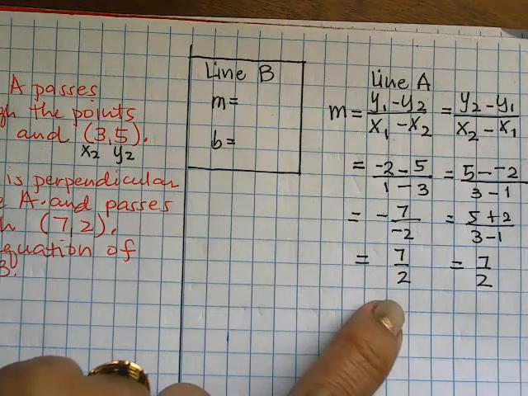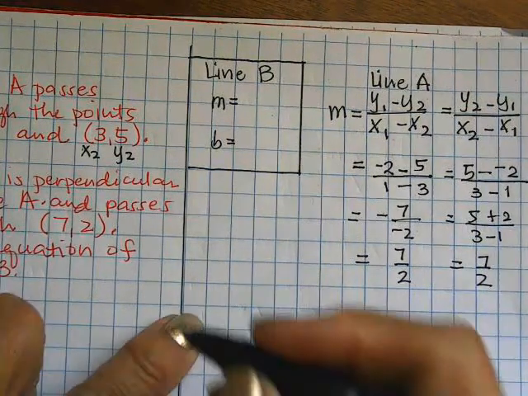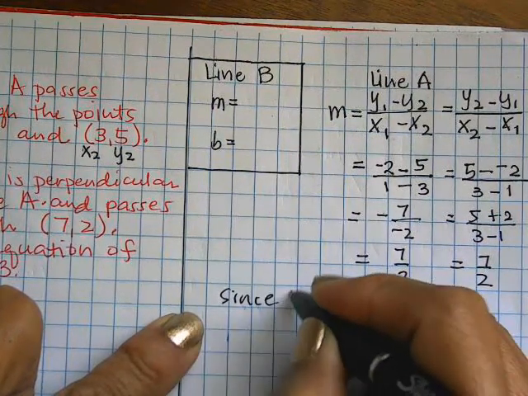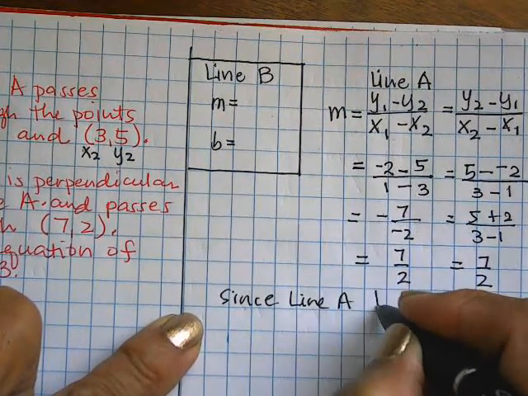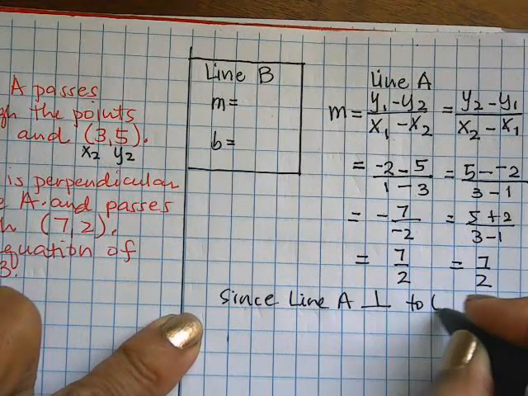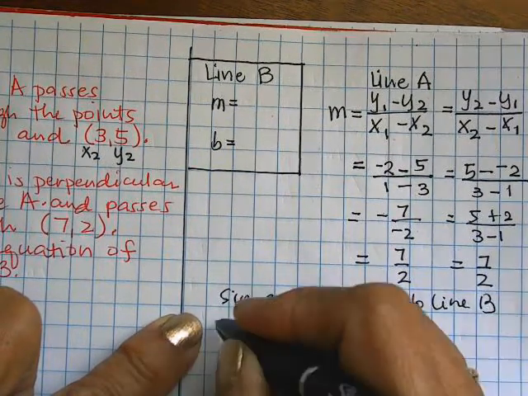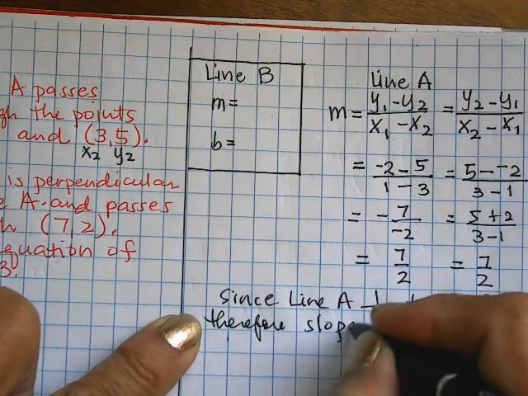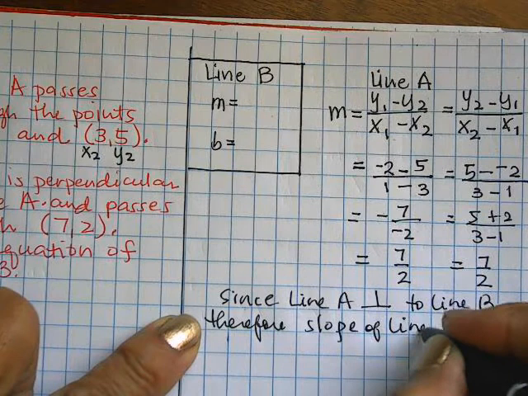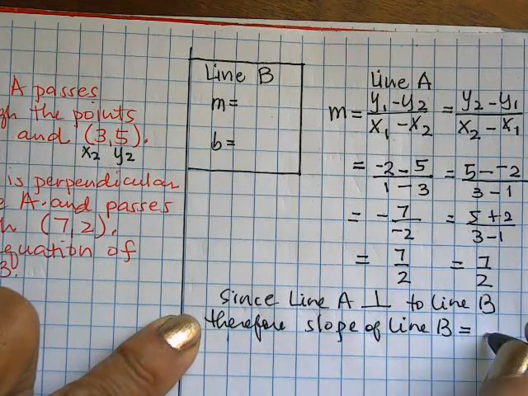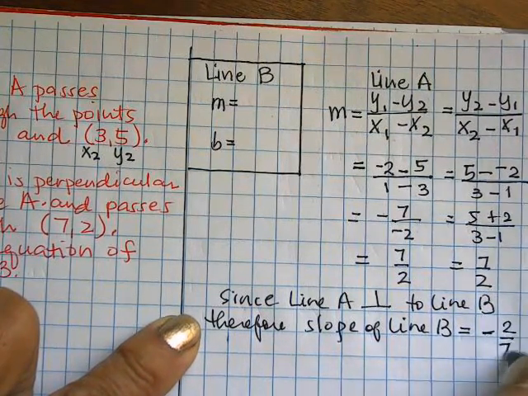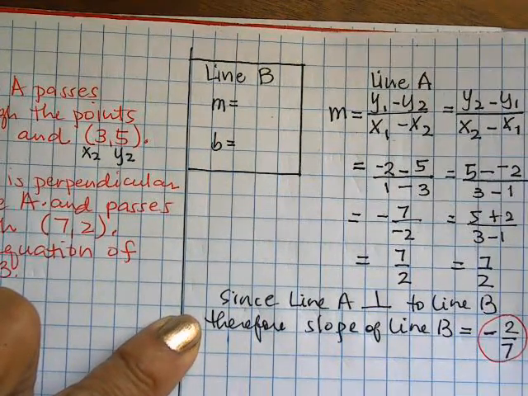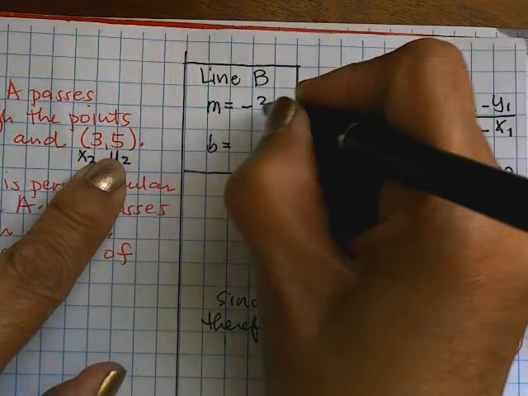So this is the slope of line A. Okay, since line A is perpendicular to line B, therefore slope of line B is what? Is equal to negative 2 over 7. Okay, opposite, reciprocal. So that is negative 2 over 7.